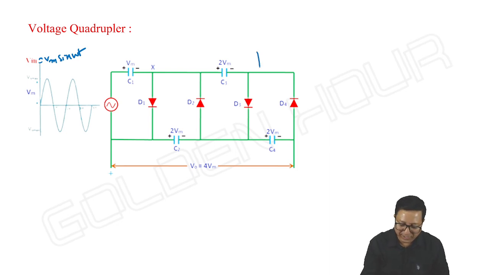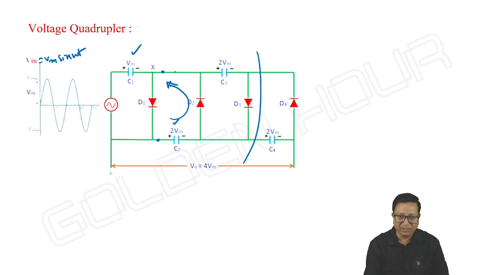See, up to here we have seen. First, it is a negative clamper. So once the diode is on, the capacitor will charge up to Vm with polarities plus minus, whose output is acting as input to a positive clamper. Capacitor is taken here instead of here. So once this diode D2 is on, current will be going in anti-clockwise direction, and the capacitor C2 will charge up to 2Vm.